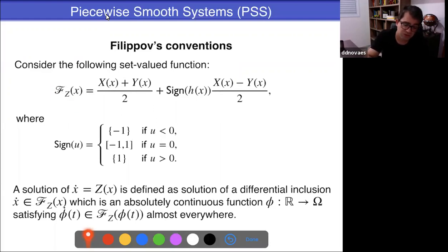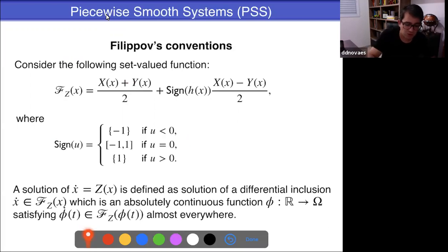They consider this set-valued map, where for points where H is positive, it's just X. For points where H is negative, it's just Y. And when H of x is 0, then you take the convex combination between X and Y. This is defined using this multi-valued sign function.